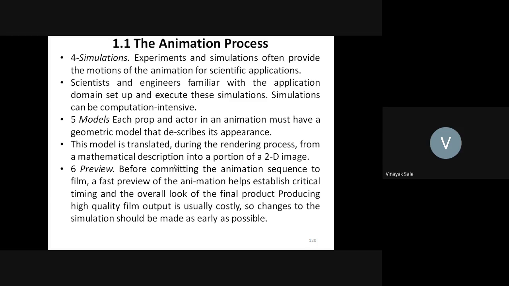Before committing the animation sequence to film, a fast preview of the animation helps establish critical timing and the overall look of the final product. Producing high quality film output is usually costly, so changes to the simulation should be made as early as possible.